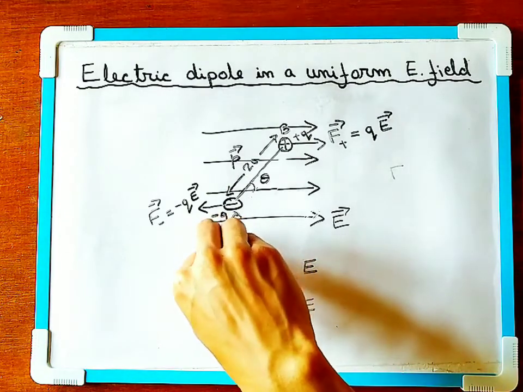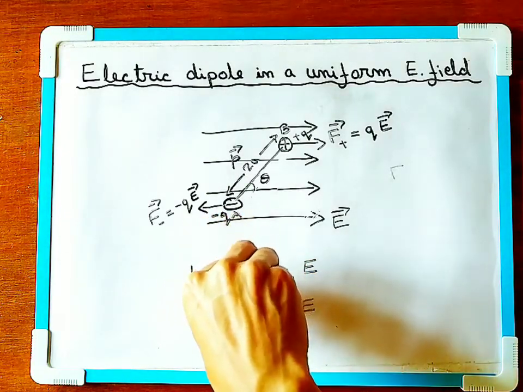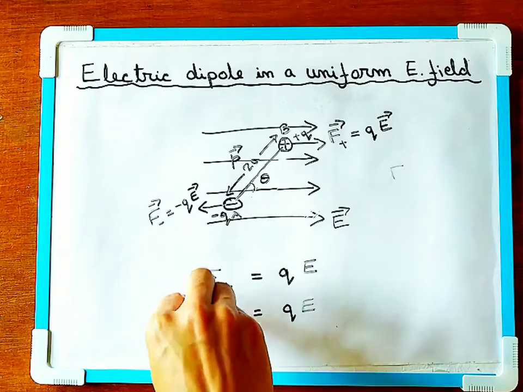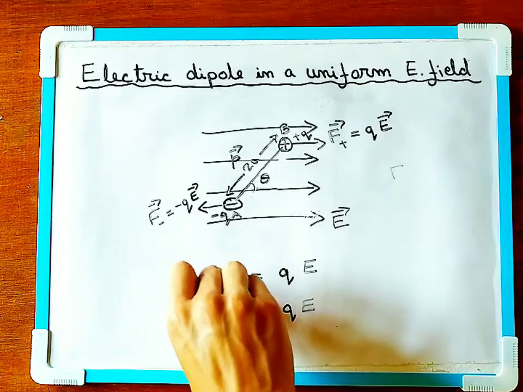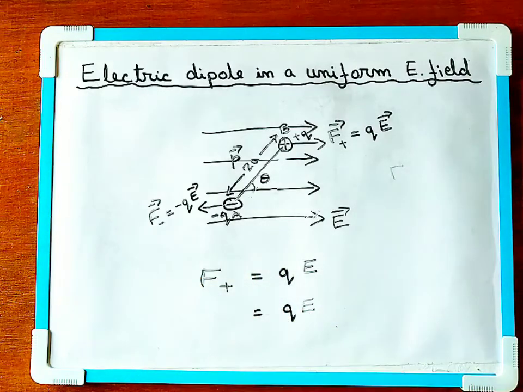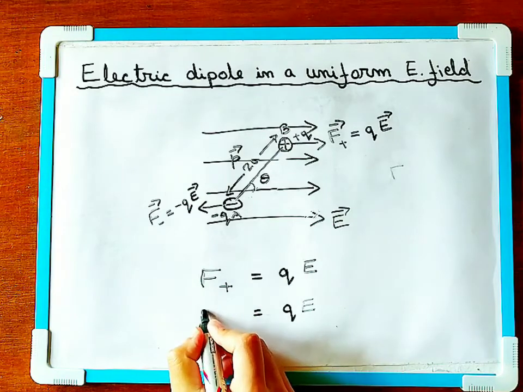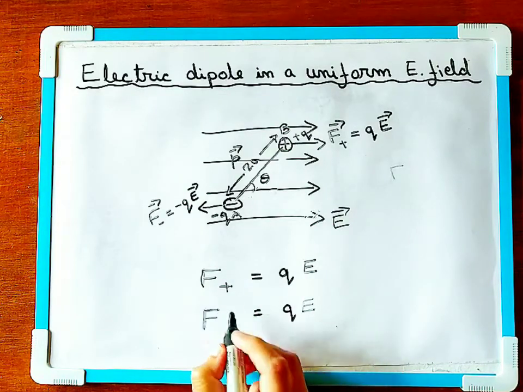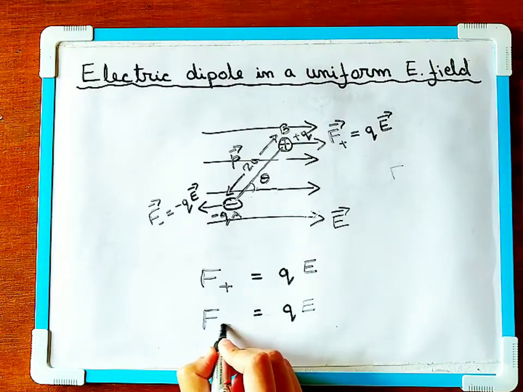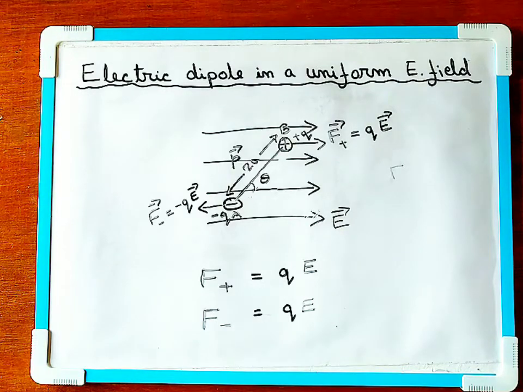And here also, instead of writing in this way, I'll just write this F without the vector sign or the arrow sign. So here we have F and minus F. So this is the magnitude of the two forces.